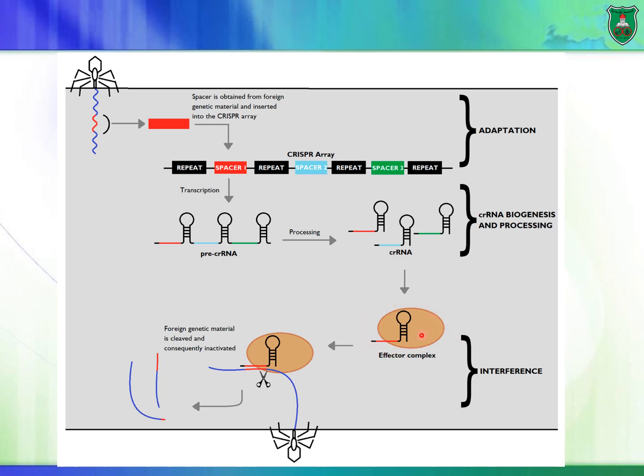Okay, and then it guides the Cas9 to the bacteriophage DNA. So here the RNA is complementary to the bacteriophage DNA. So it associates with it, and Cas9 degrades and cleaves the bacteriophage DNA so that it cannot infect the bacterial cell. So this is again the immune system of bacterial cells. Now, that's CRISPR Cas9.